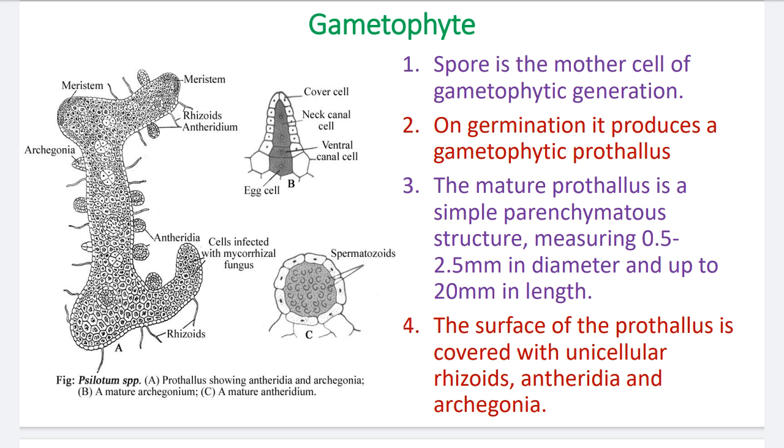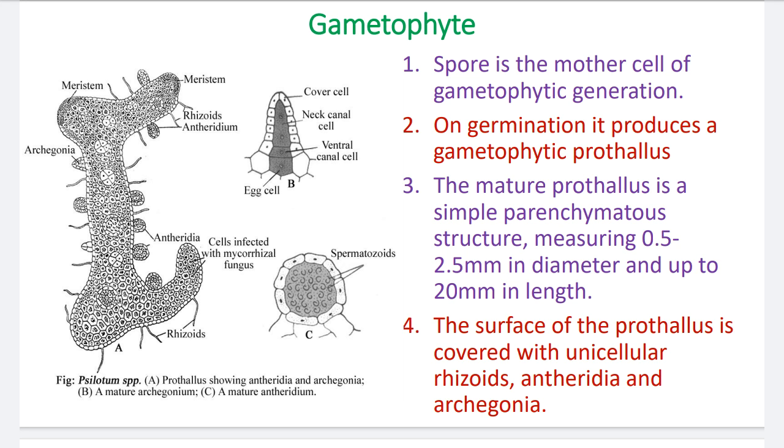Now you see in the photograph, the prothallus showing antheridia and archegonia. The prothallus is the juvenile, very initial stage of the gametophytic plant body. When this gametophytic plant body produces antheridia and archegonia, antheridia produce sperms and archegonia have the egg, which is the female gamete, and the sperm is the male gamete.